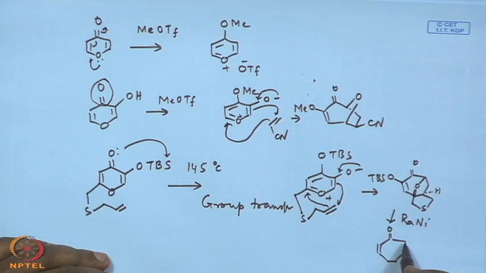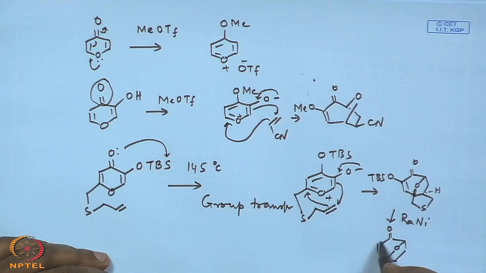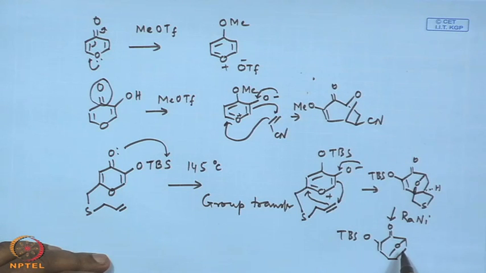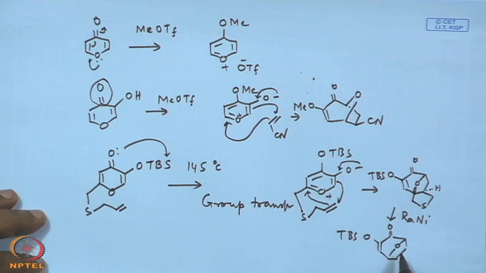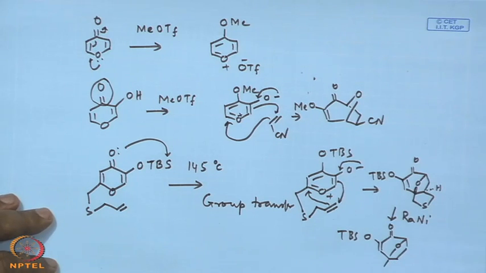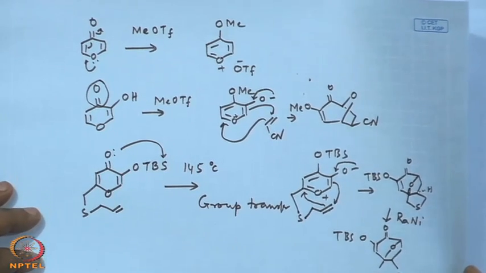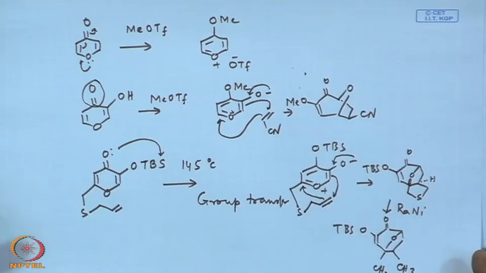You have the double bond here and the TBS. With Raney nickel, the double bond is not reduced, the carbonyl is not reduced, and the sulfur would be knocked out, so you are only converting this into the methylation.